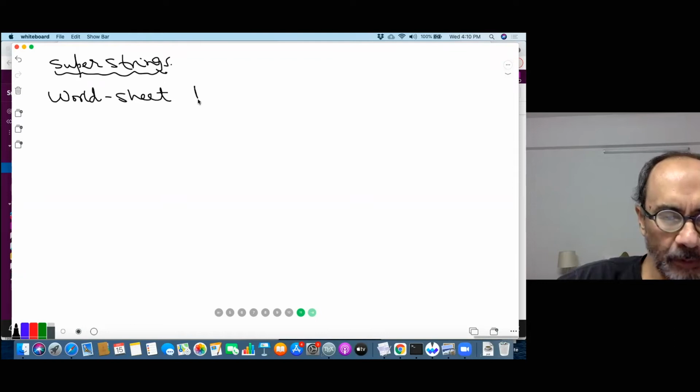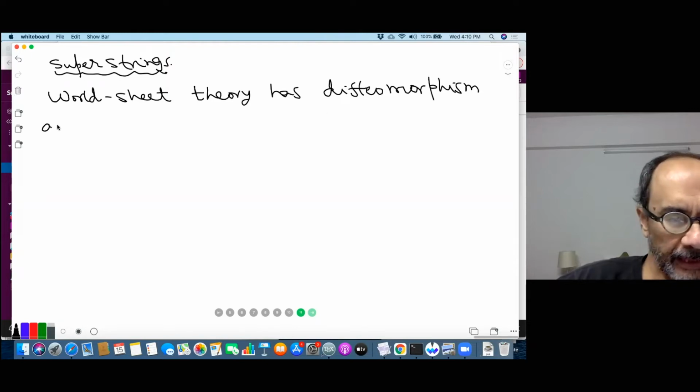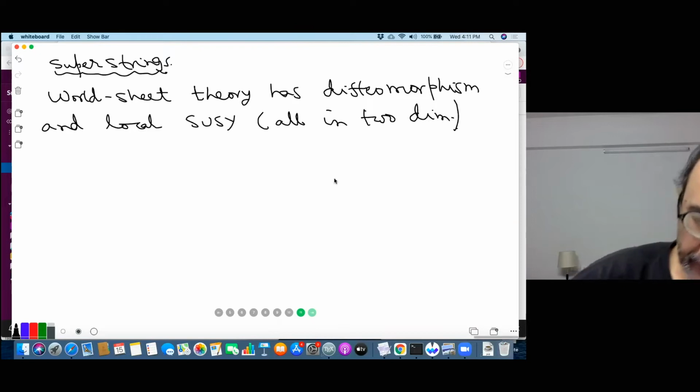Now the worldsheet theory has a diffeomorphism and local supersymmetry. But these are not the physical diffeomorphism, physical general coordinate invariance and physical supersymmetry, because these are all in 2 dimensions. We'll see the emergence of actual space-time supersymmetry later.